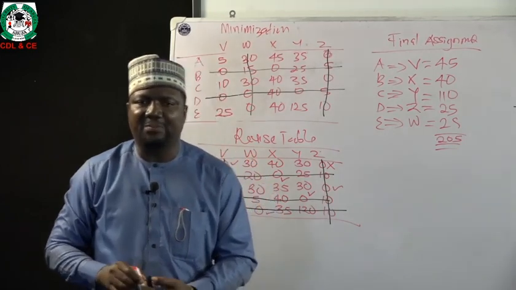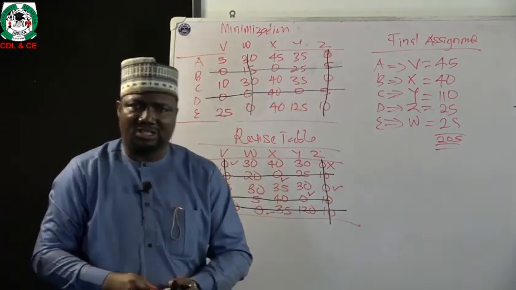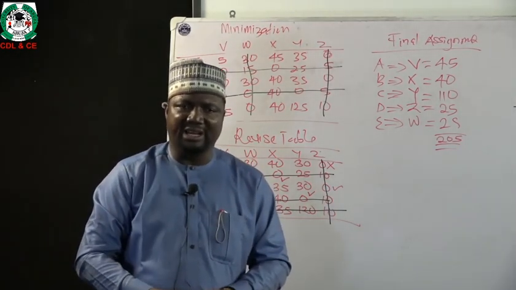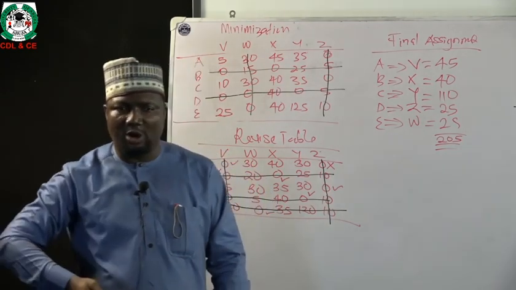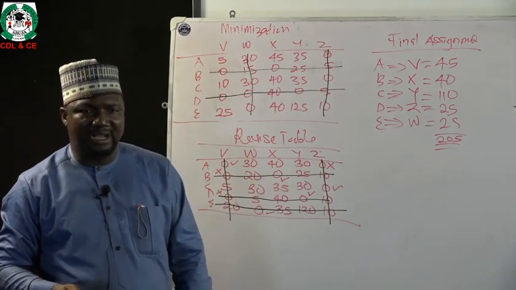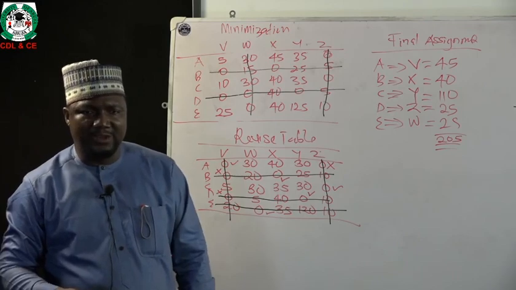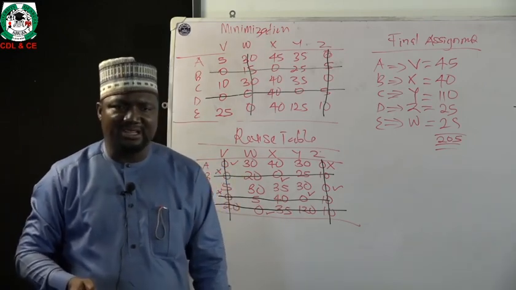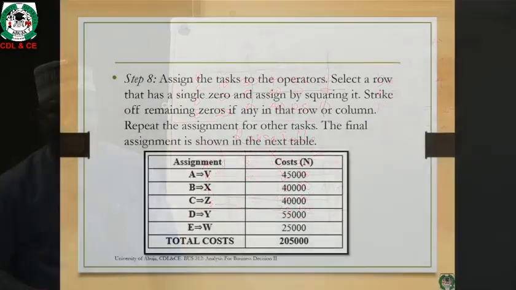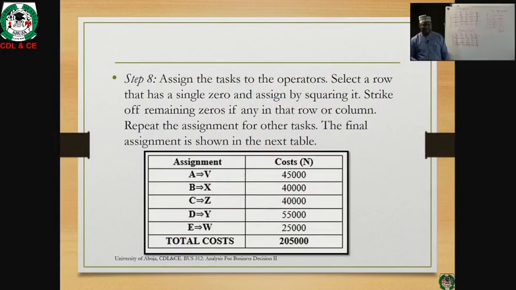That represents the minimum cost assignable in contracting. This is the optimal solution. As you can see, A to V, B to X, C to Z, D to Y, E to W eventually give us 205,000. You can see the objective is to minimize cost, and we agree that the minimum cost is 205,000.